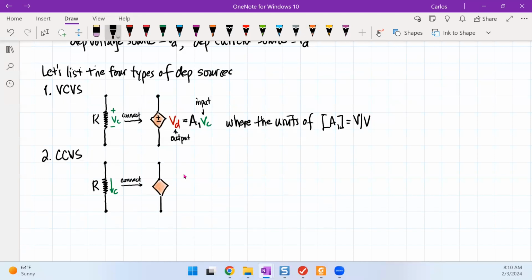Because this is a voltage source, I'm going to do this. So now my dependent source is going to have a different gain that operates the same way.